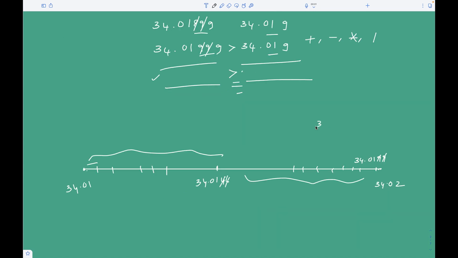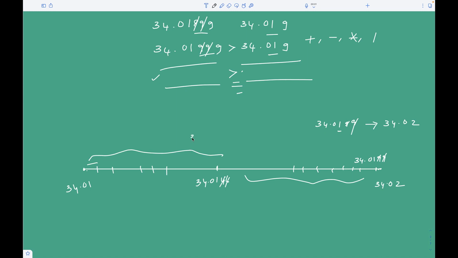Now, because 34.0199, that is this number, is closer to 34.02 than 34.01, we have to convert it into 34.02. How do we do that? Simple. Look at the last digit that you want to keep, or the last significant digit, and add 1 to it. And drop all these non-significant digits, the digits that we are trying to get rid of.